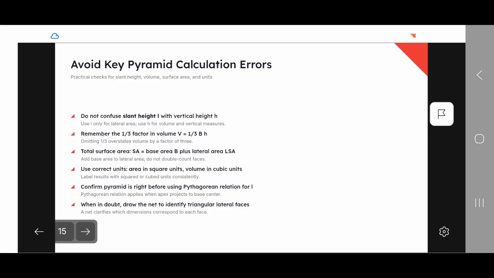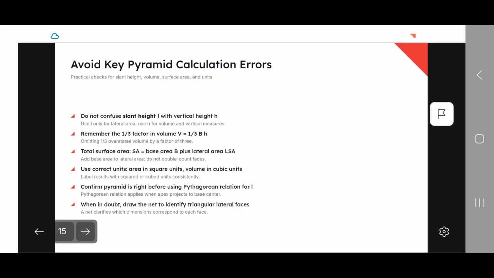So, remember the 1/3 factor in volume: volume equals a third times base times height. Omitting the third overstates volume by a factor of 3. Many students often forget to write the 1/3 and accidentally put base times height.